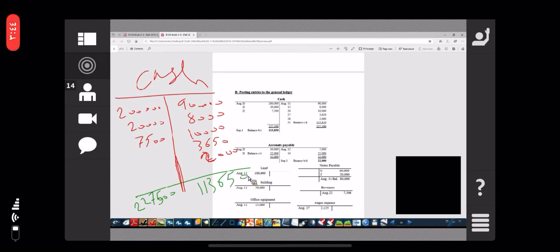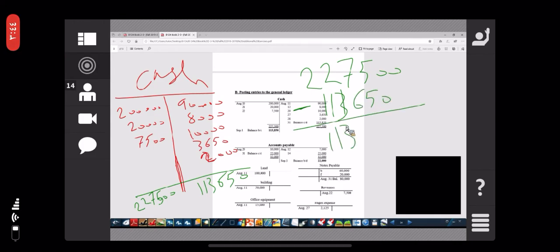This is the total amount. So 227,500 minus 113,650 will be 113,850. So now, which is higher, debit or credit? Debit. So you will put the remaining here, 113,850. This is the balance for cash.